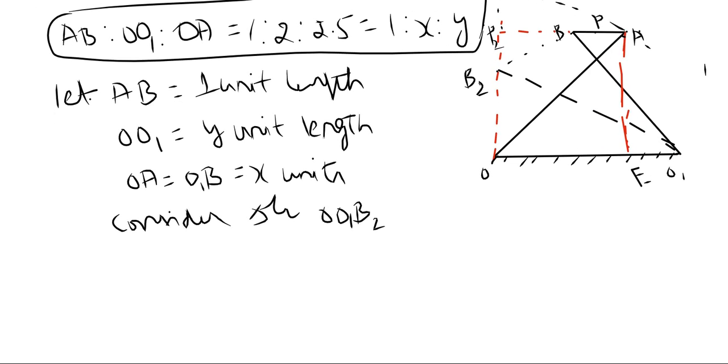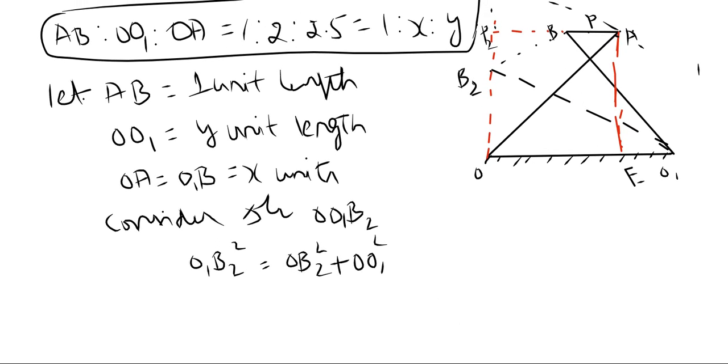Writing this triangle as hypotenuse square is equal to side square plus side square, we will get O1B2 square is equal to OB2 square plus OO1 square.